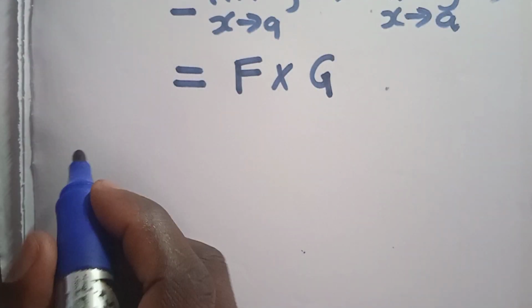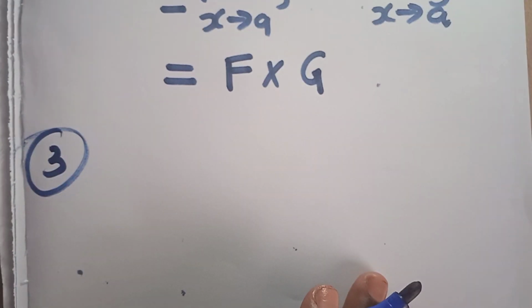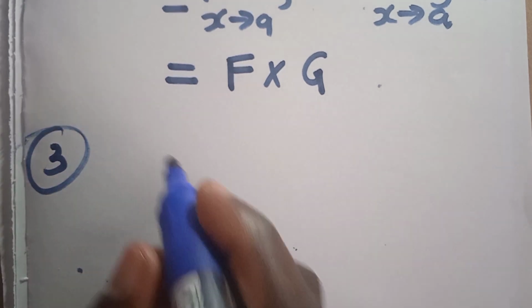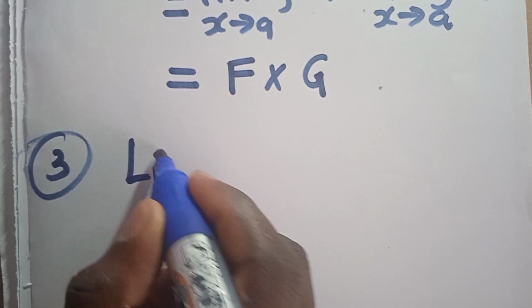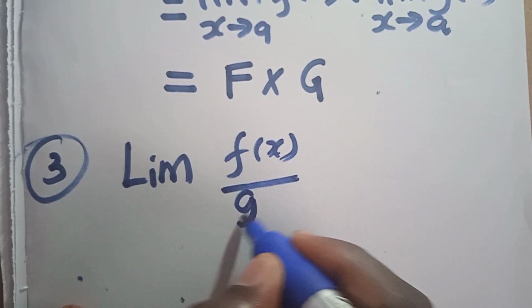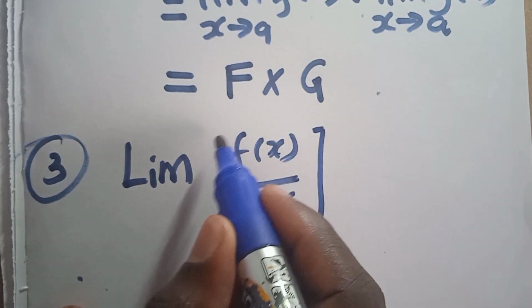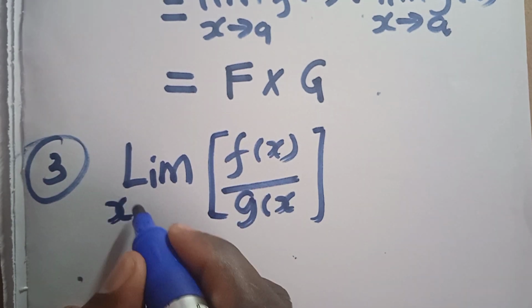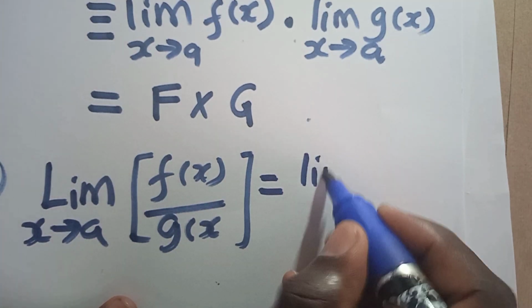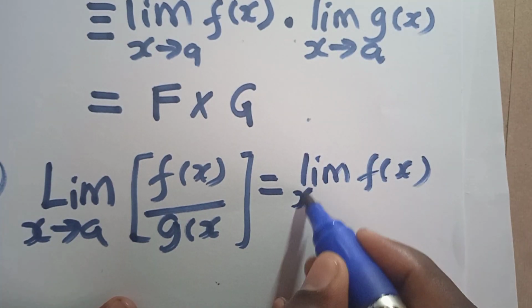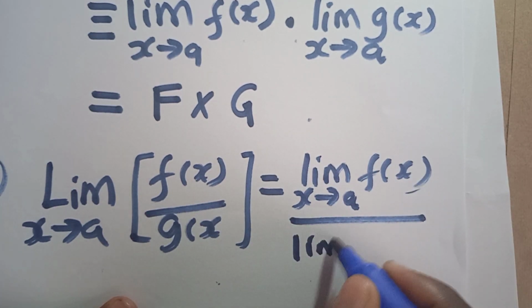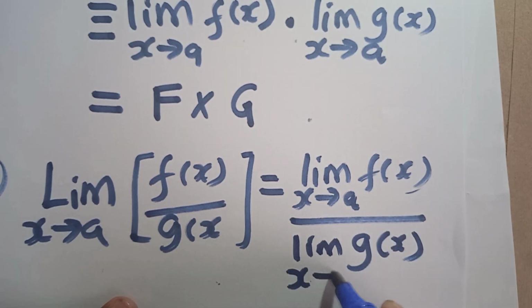Then the third property is the one that deals with the quotient. For the quotient, we say that if you have the limit of f of x divided by g of x as x tends to a, this is the same as evaluating each limit: the limit of f of x as x tends to a, then you divide by the limit of g of x as x tends to a.